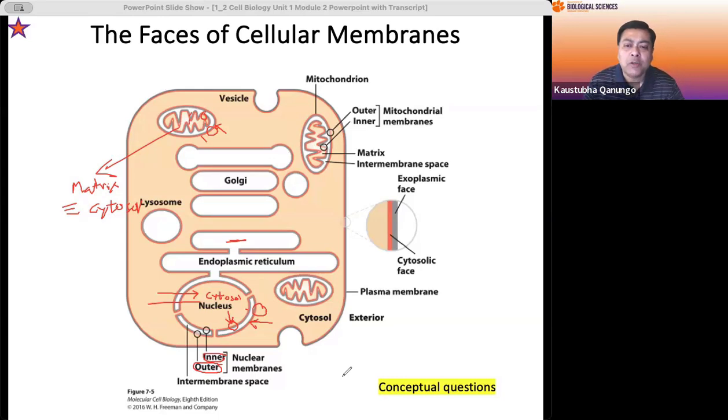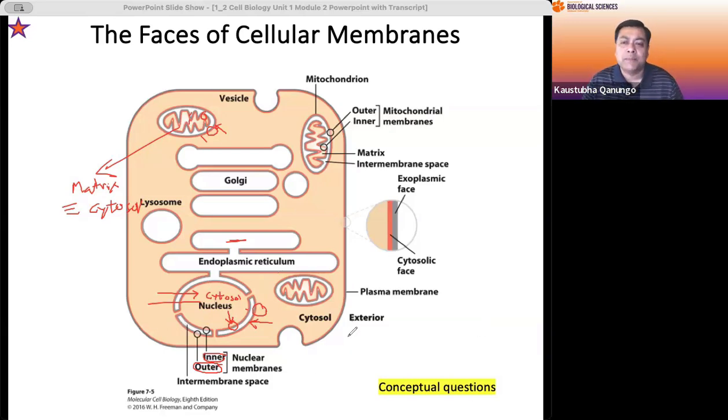So it is better to use the terms exoplasmic phase and cytosolic phase rather than inner leaflet or outer leaflet, because particularly for the nucleus or the mitochondria, inner and outer leaflet become very confusing. To tell which is the cytosolic phase and which is the exoplasmic phase is much, much easier.